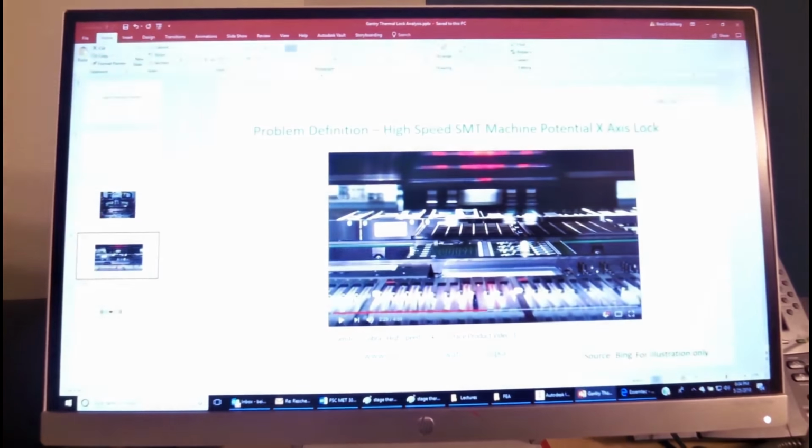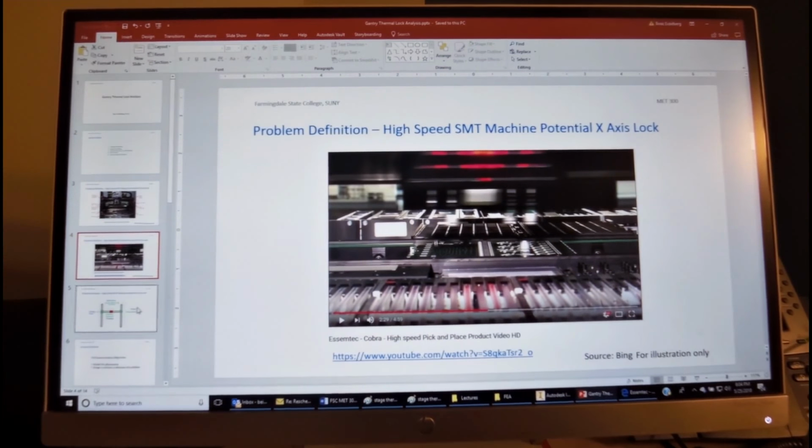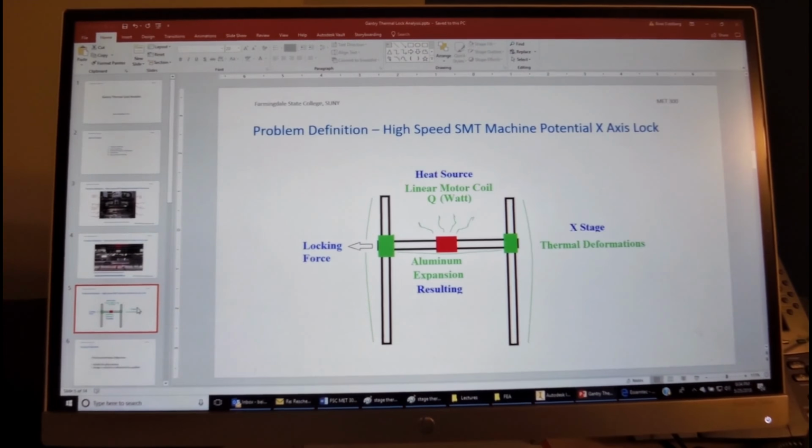We'll come back to our presentation, and we'll define the problem that we have in here by a simple sketch where we have the left axis and right axis.